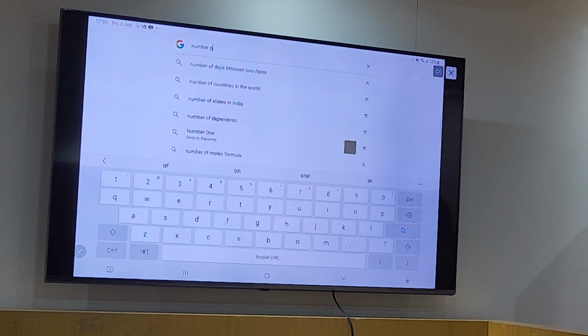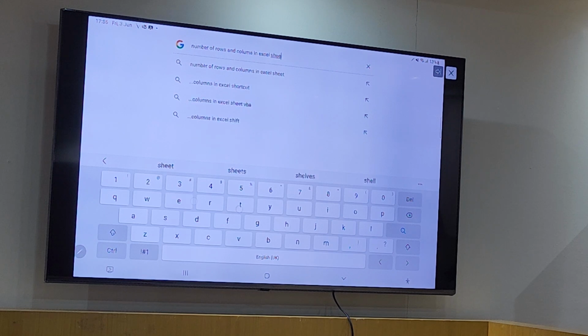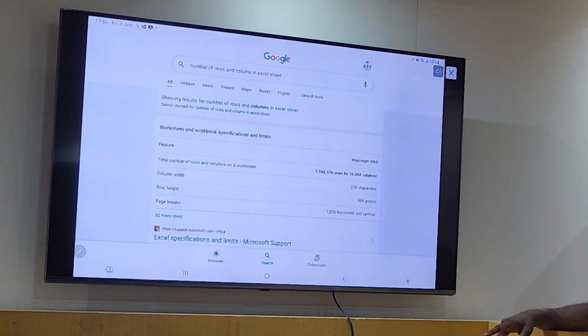Number of rows and columns in an Excel sheet. The total number of rows and columns on a worksheet is, my goodness, 16,384 columns and 1,048,576 rows.